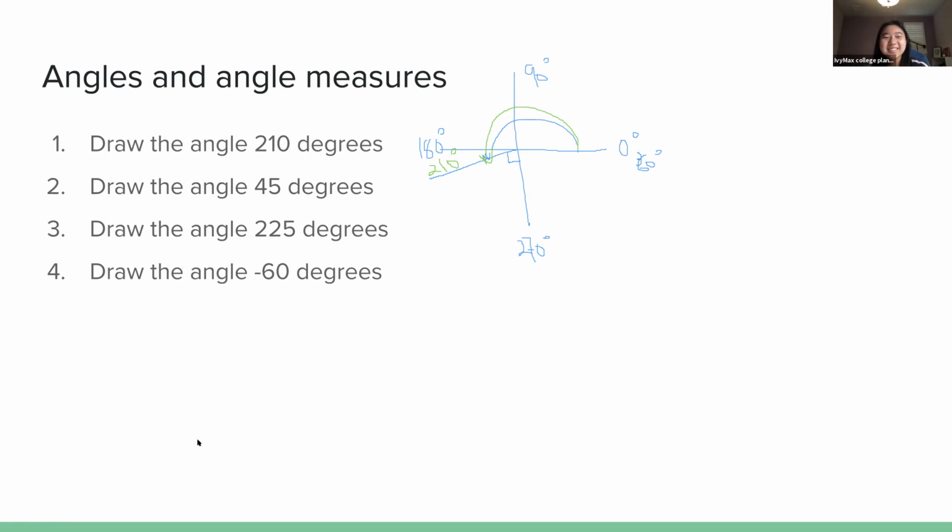And for the next one, you draw negative 45 degrees. We have a graph like this.